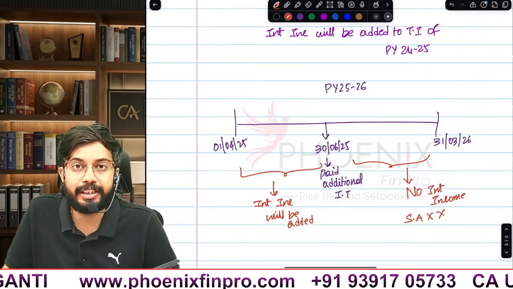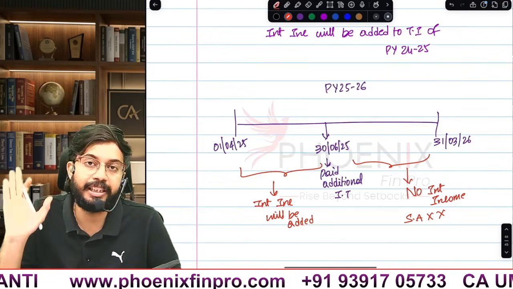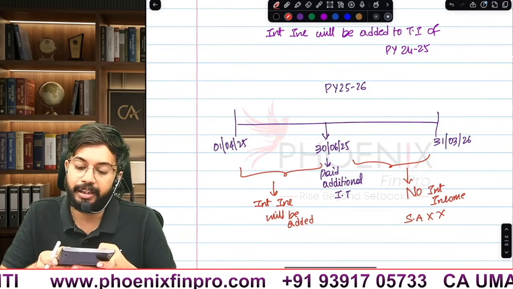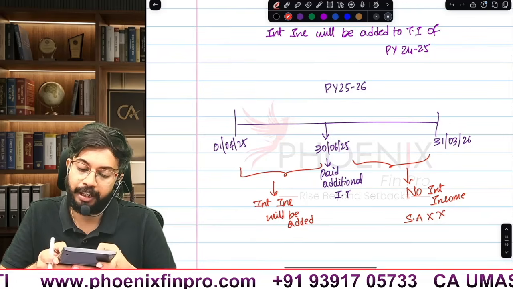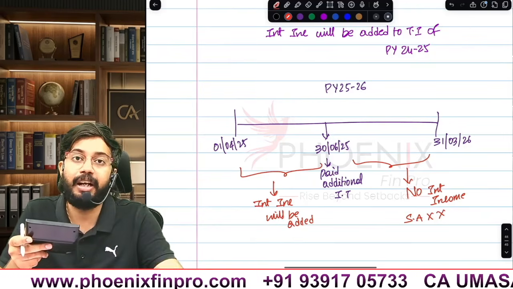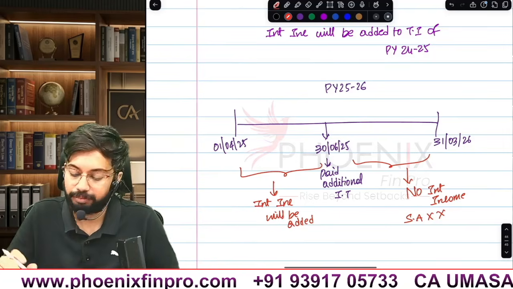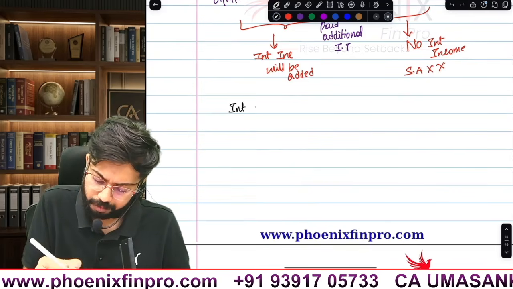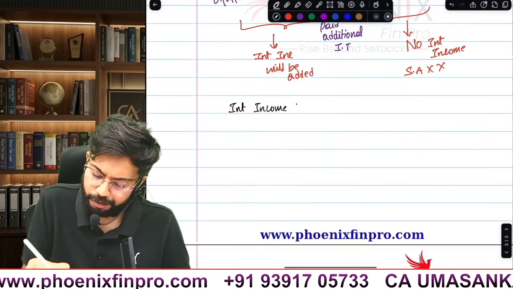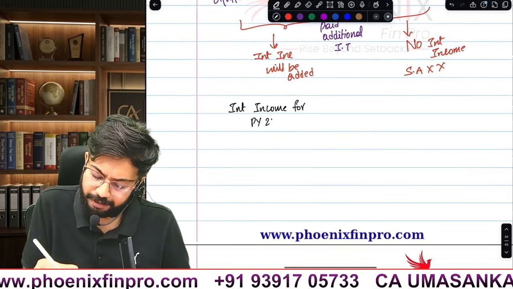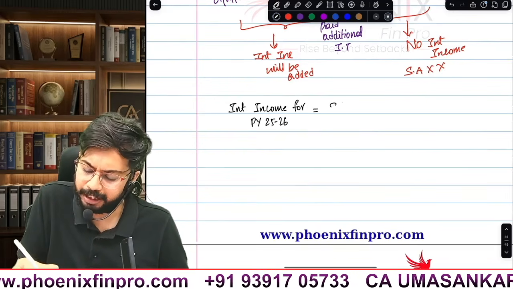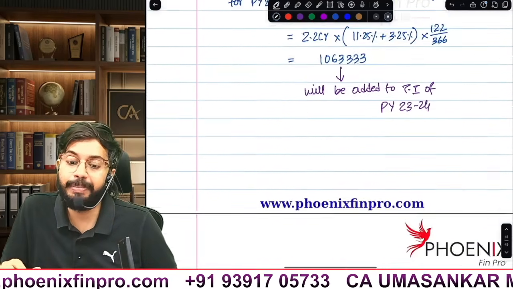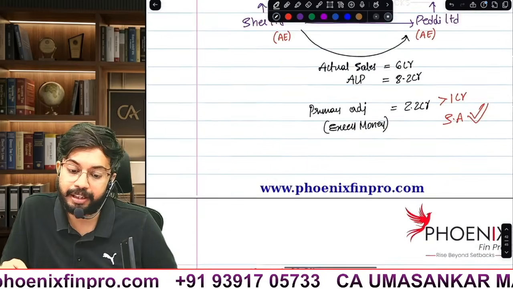So for 25-26, you should not calculate interest income for 365 days. You have to calculate only for 3 months. April 30 days, May 31, June 30. You have to calculate interest income only for 91 days. Are you able to understand? So interest income for previous year 25-26. How much is excess money? 2.2 crores into interest rate. You have to take SBI marginal cost of lending rate as on 1st April 25.